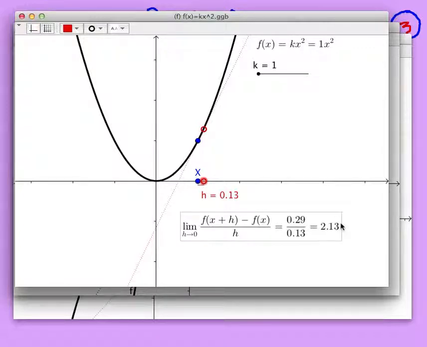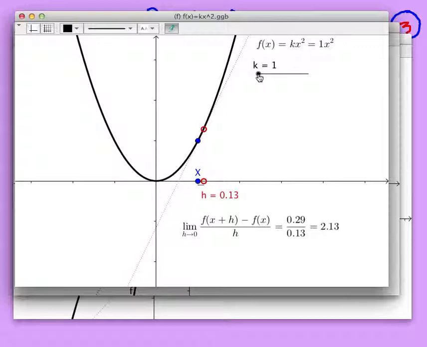And in fact, it is exactly 2. I'm not exactly 2 here because h isn't exactly 0. Again, I'm doing my approximation. The red line is the secant. It is not the tangent, it is the secant. So I have an approximation. So what we want to look at is, what's going to happen when we change the k?